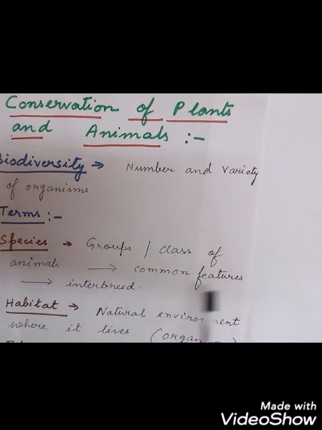So the groups or class of animals having common characteristic features, the distinguishing features which distinguish them from others, can interbreed among themselves. Like suppose human beings. The scientific name of human beings is what? Homo sapiens. Homo sapiens is the scientific name of human beings, and they are one species.